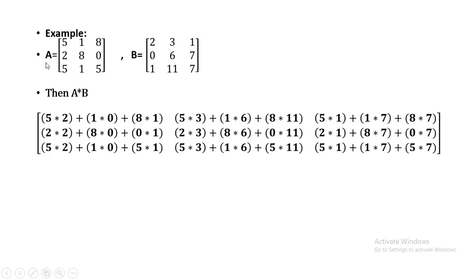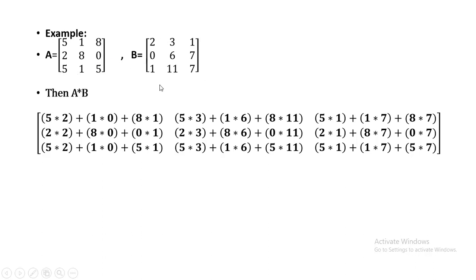Second row first column, now this is 2 multiplied by 2, 8 multiplied by 0, 0 multiplied by 1. Then 2 multiplied by 3, 8 multiplied by 6, 0 multiplied by 11. Then 2 multiplied by 1, 8 multiplied by 7, 0 multiplied by 7.